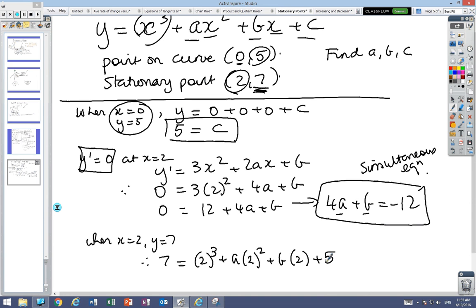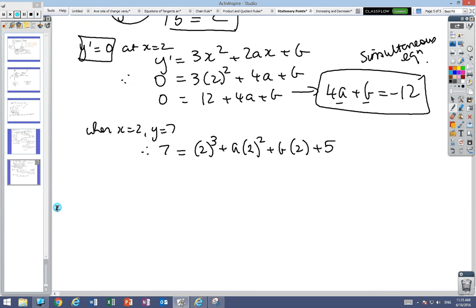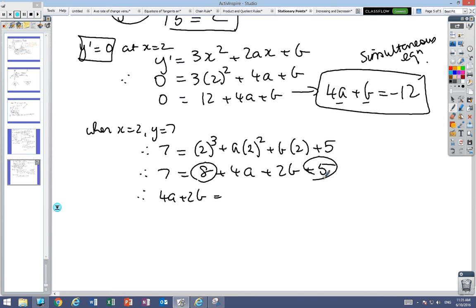So let's put that in and tidy up. So 7 equals 8 plus 4a plus 2b plus 5. Keep tidying it up. So 4a plus 2b. Take those numbers across. So 8 and 5 is 13, so it equals minus 6. And that's your second equation.